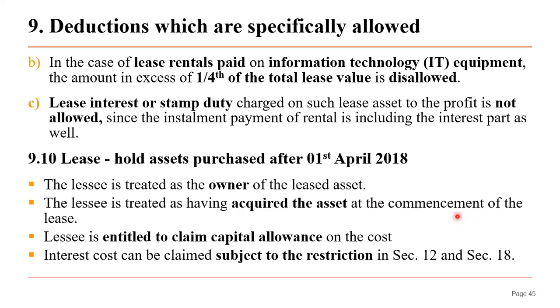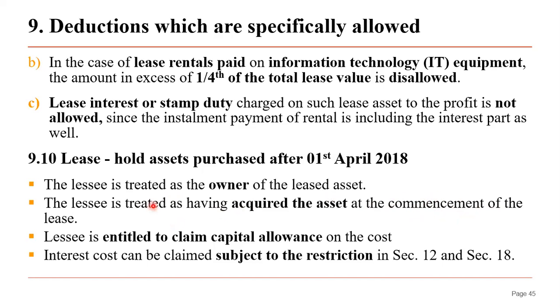Normally, we treated it as per the previous rule and accounting. At the end of the lease term, the asset will transfer to the lessee. But here, as per the new law, they treat it as the asset acquired and the ownership at the beginning of the lease period, at the commencement of the lease.